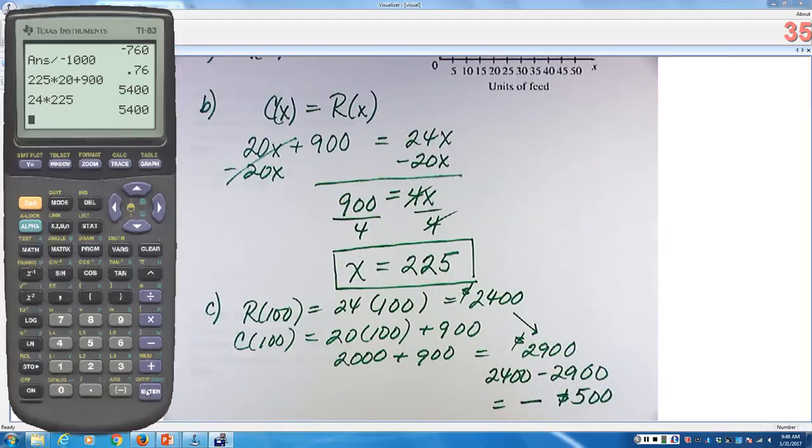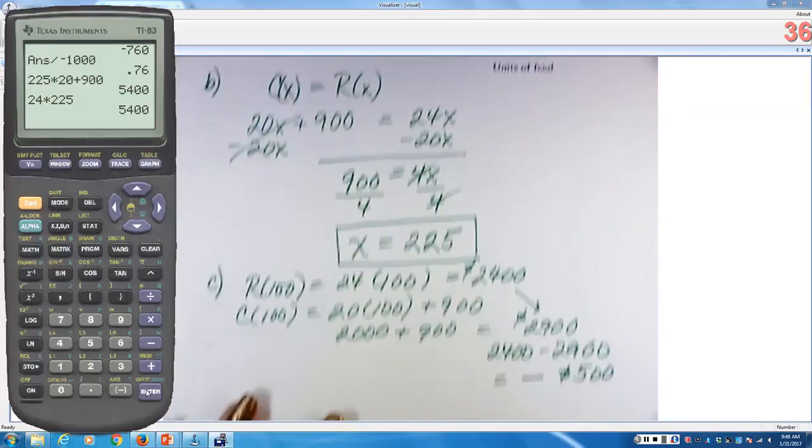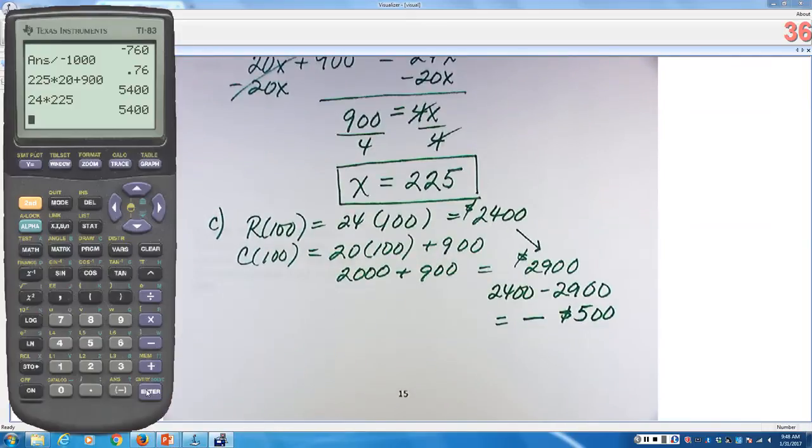Are they making a profit? Are they making money if they only make and sell 100 units? No, they're losing money. Not a good idea. So then it goes on and says, okay, how many units do they have to sell to make a profit?